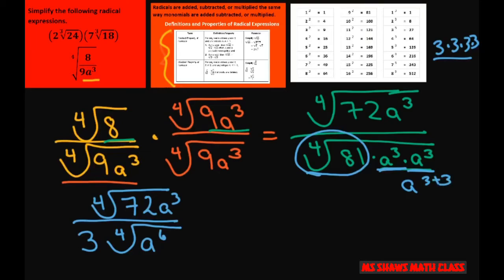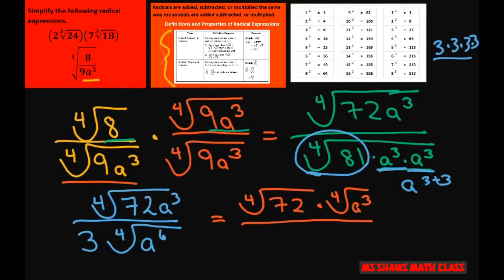Now, furthering this out, I can rewrite this as 4th root of 72 times the 4th root of a cubed. In the denominator, I'm going to have 3 times, and I'm going to write this as 4th root of a to the 4th times a squared.